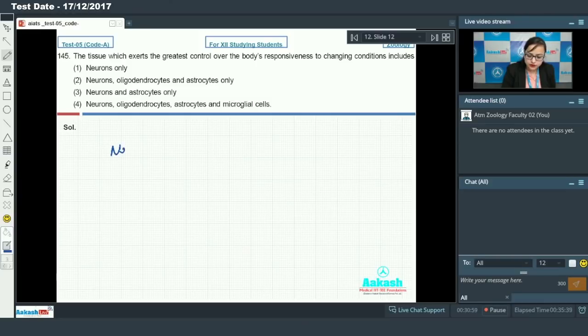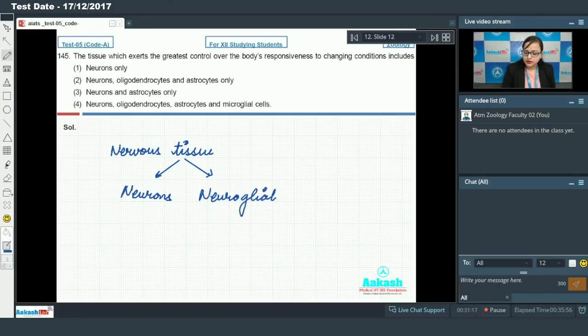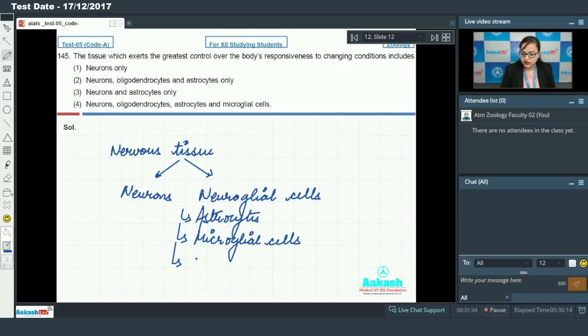And nervous tissue is made up of neurons, which are electrically excitable cells, and neuroglial cells. Examples of neuroglial cells are astrocytes, microglial cells, oligodendrocytes.